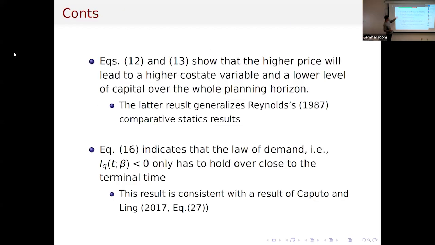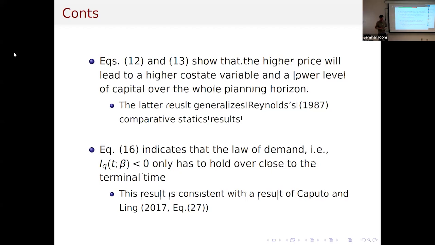Now, basically we show that the higher price will lead to higher cost variable and a lower level of capital over the whole planning horizon. This result generalizes what Renaud did in his IER paper, in a linear quadratic model.